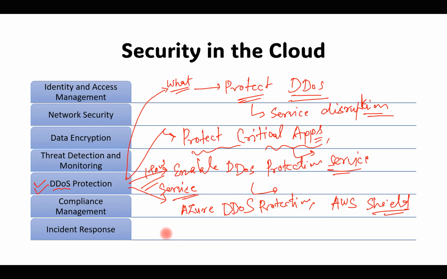For Google Cloud, we have the Google Cloud Armor service. If we talk about Oracle Cloud, we have the OCI Web Application Firewall service. So these are the services from different cloud providers which provide DDoS protection for our critical applications and services.